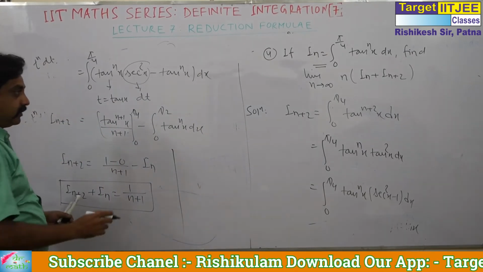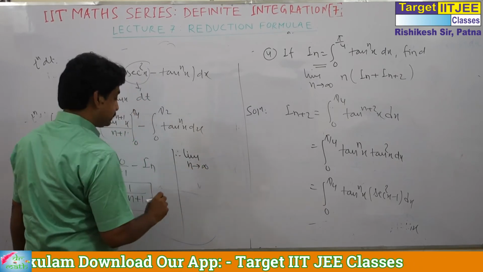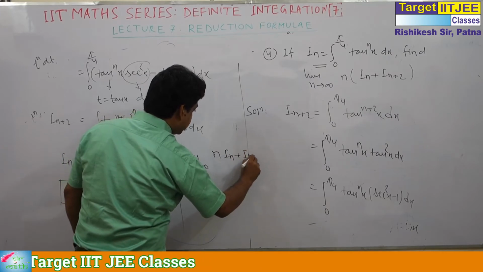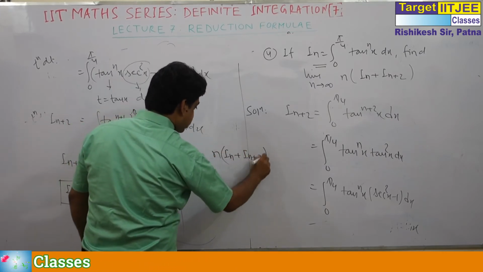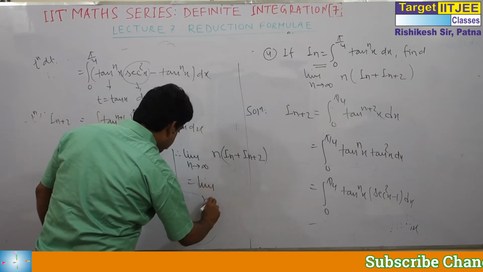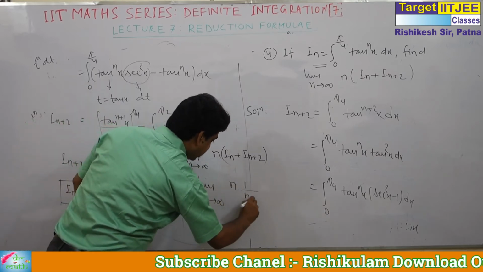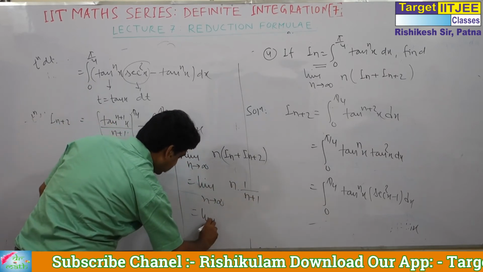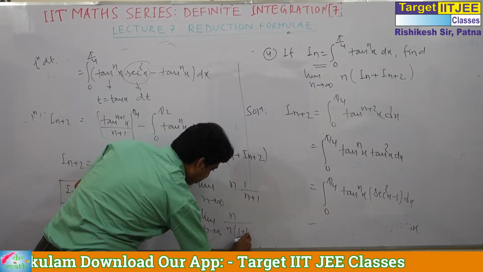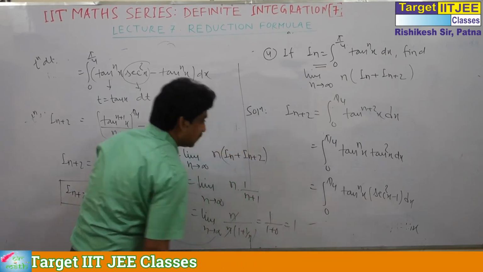Therefore, the limit as n goes to infinity of n times (In plus In plus 2) is the limit as n goes to infinity of n, and for this we write 1 by n plus 1. Take n common. The limiting value is n by n times (1 plus 1 by n), cancel, 1 by 1 plus 0. This is 1.